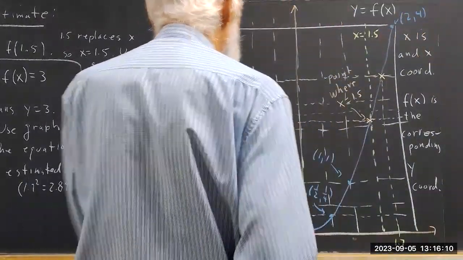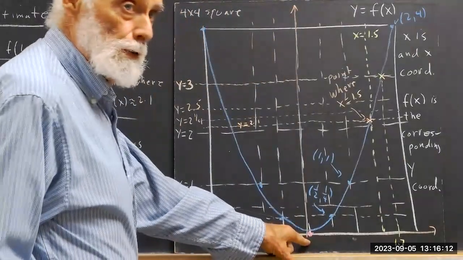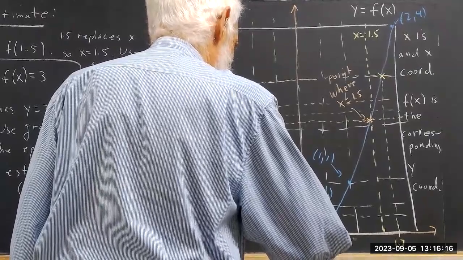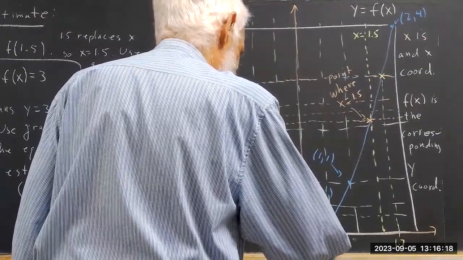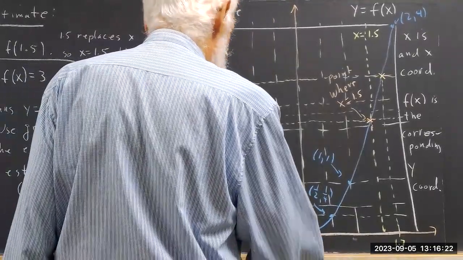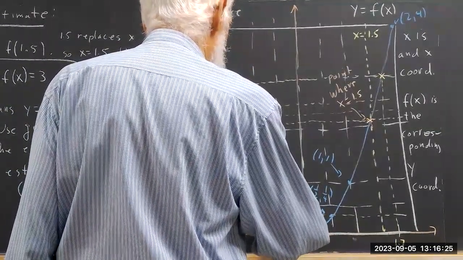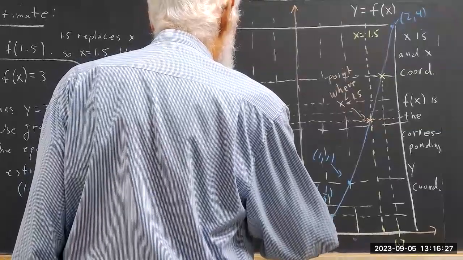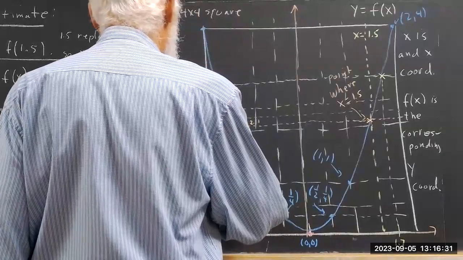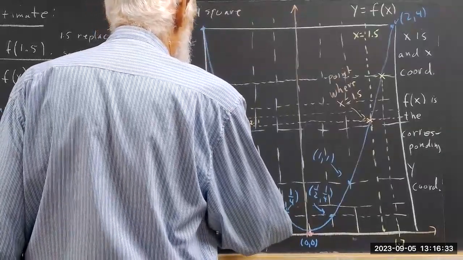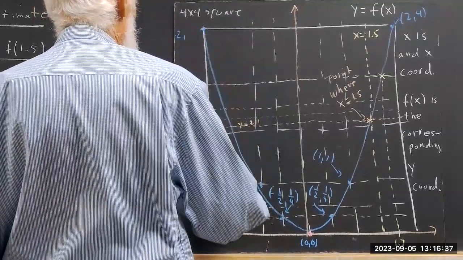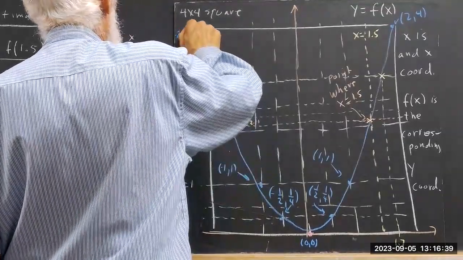What is 2/4? I don't really have room to label the origin. Well, I better. This is negative 1/2, 1/4. This is 1/1. Or negative 1/1. This is negative 2/4.